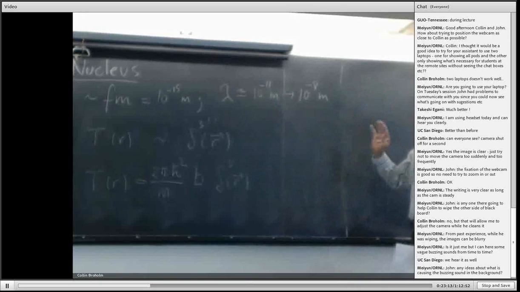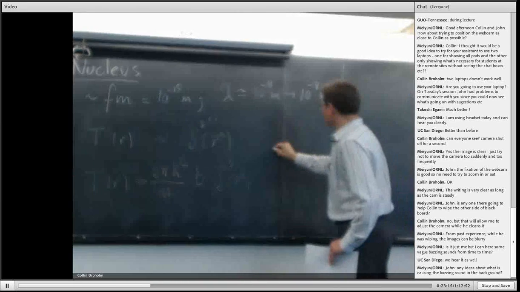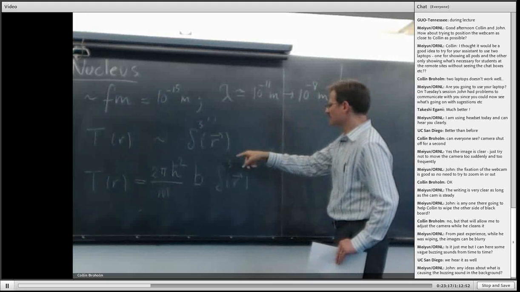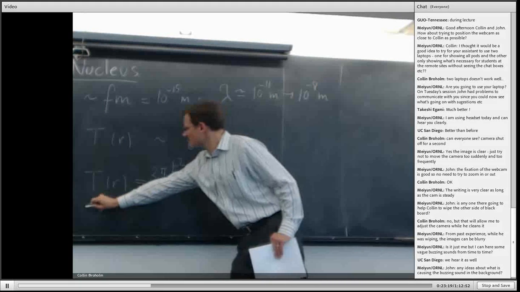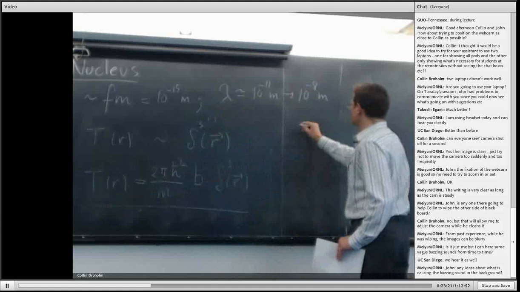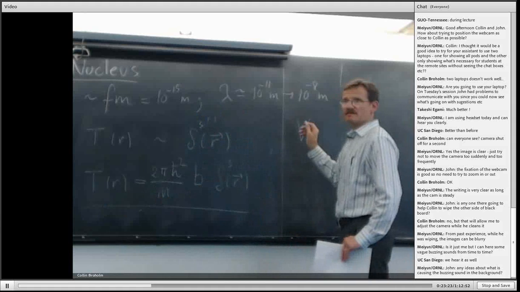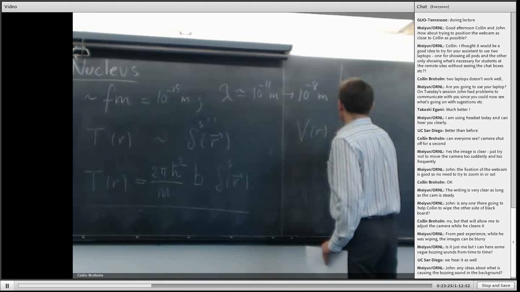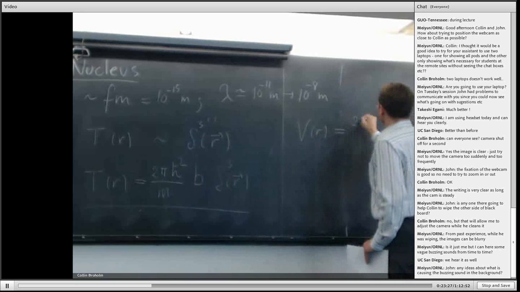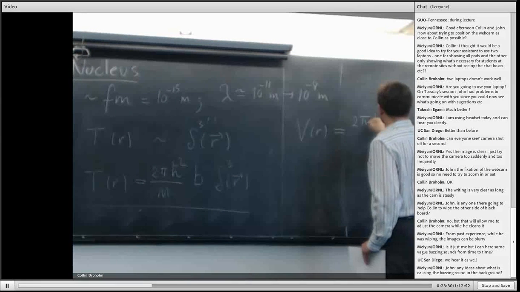But we will make a certain step here in which we say, let me replace the T operator with a potential, the so-called Fermi pseudo potential, which has exactly the same form.